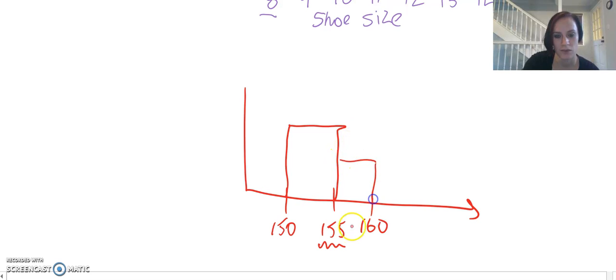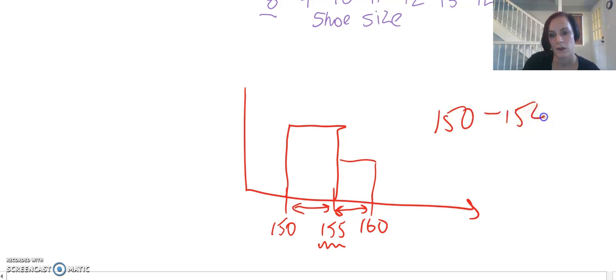So you'd have to draw your bars between the scale points there. So you'll come across some of those. It might be that we're looking at our height data and we've done it in groups of 150 to 154, and you go all the way up to where you've got that part in the scale.